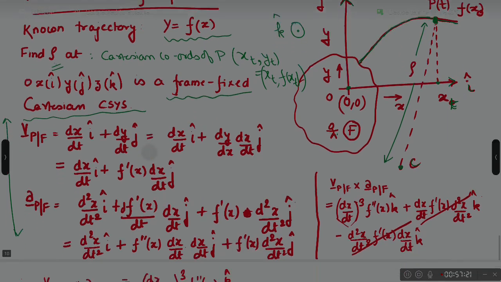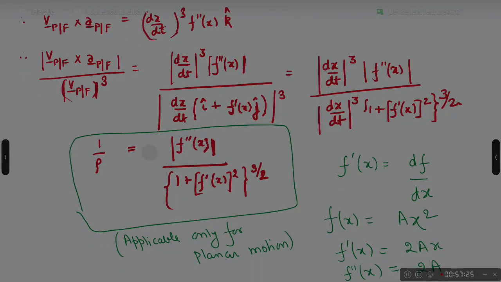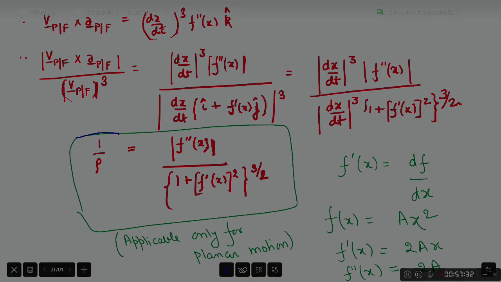I would like to go to the next slide directly and show you the expression. This is what the intended expression is. If you know the trajectory f of x, then using the first and second derivative of the trajectory, you can ascertain the local radius of curvature.